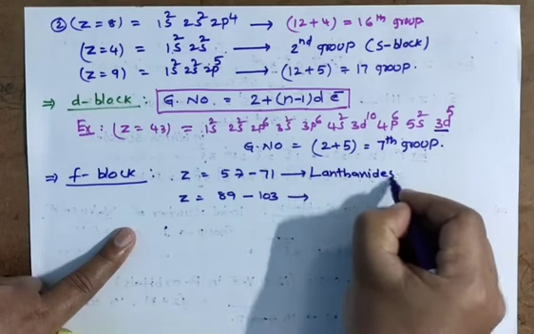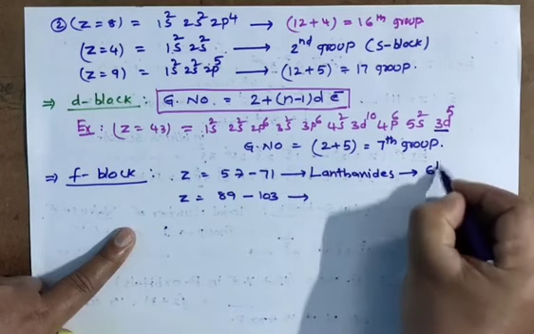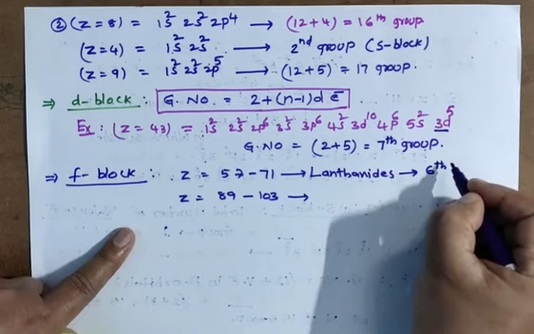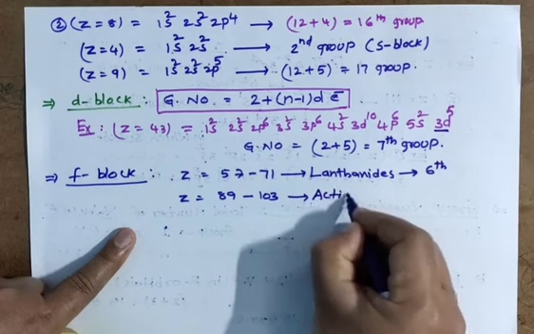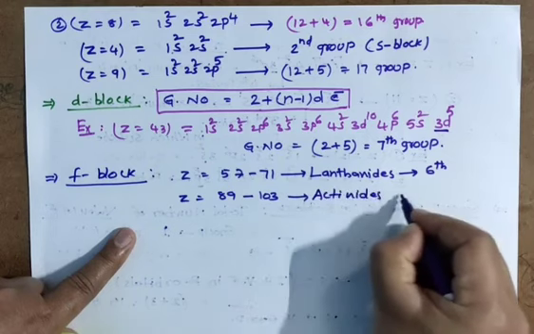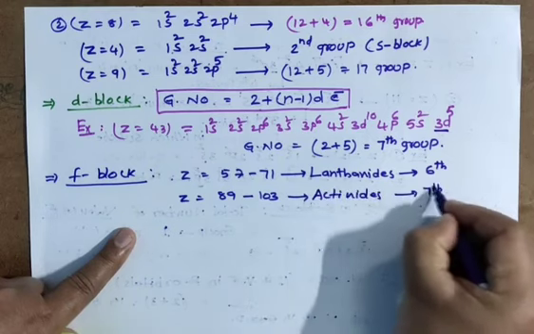Lanthanides all belong to 6th period. These are actinides, all belong to 7th period.